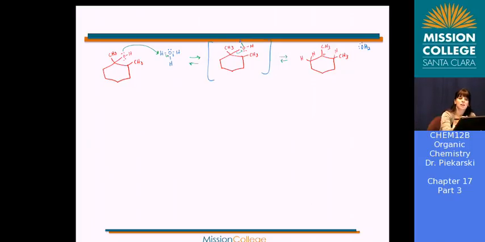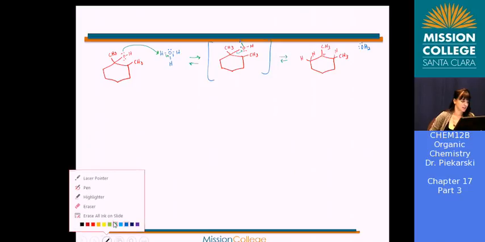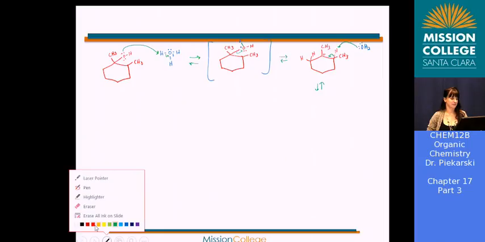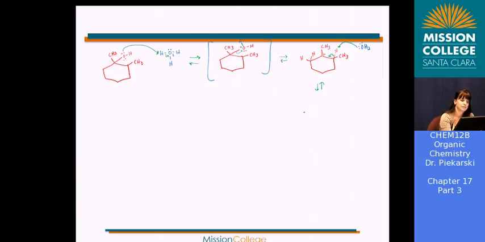It's going to pull off a proton. And it's going to mainly pull off this proton. These two electrons are going to go here to form the more substituted alkene. This reaction is in equilibrium, by the way. So the double bond is going to go here, and this is the major product.